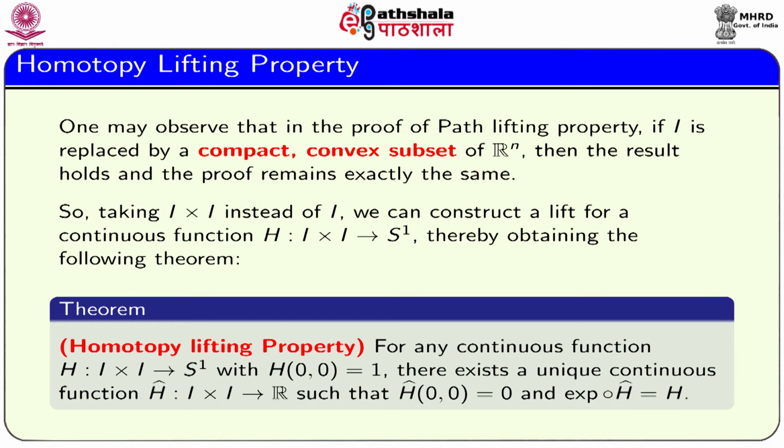It says that for any continuous function capital H from I cross I to S1 with H(0,0) equal to 1, there exists a unique continuous function H cap from I cross I to R such that H cap (0,0) is 0 and exponential composed H cap is equal to H.